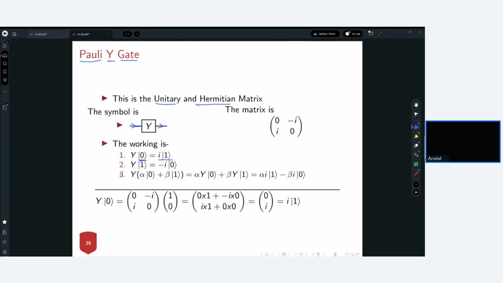And if the input is the qubit 1, the output is minus i times qubit 0.